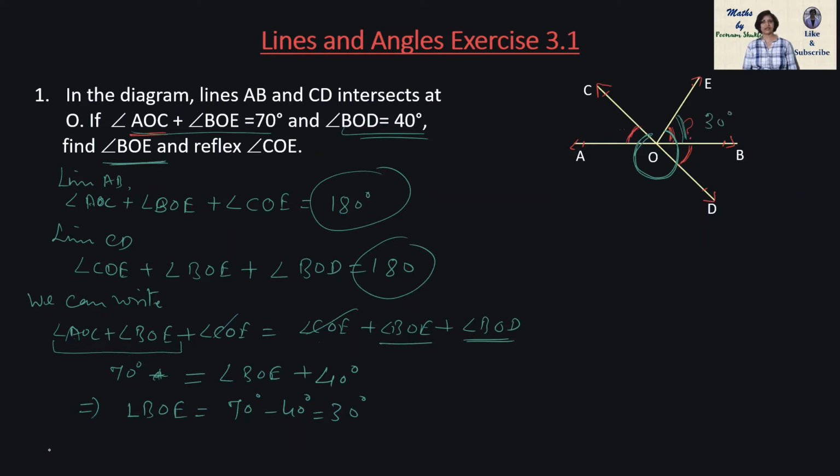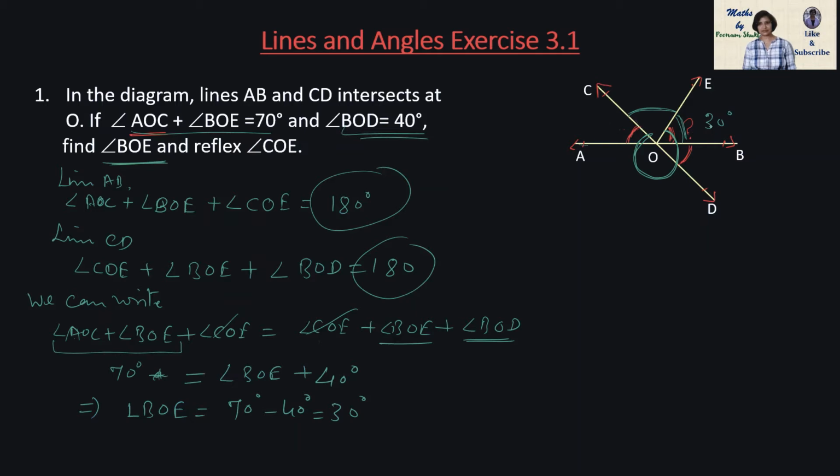Then we have to find reflex angle COE. For that, you have to find the value of angle COE first, then from the complete angle you can subtract this. It is very simple to find angle COE.